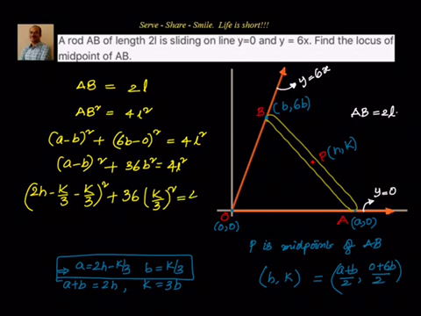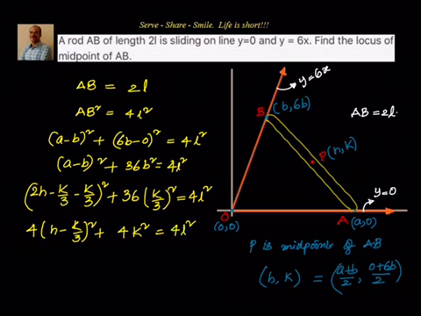Simplifying, I have 2h minus 2k by 3. Taking 2 out, I can write it as 4 into h minus k by 3 whole square plus 4k square, because 36 by 9 is 4, equal to 4L square. Dividing by 4, I get h minus k by 3 whole square plus k square equal to L square.